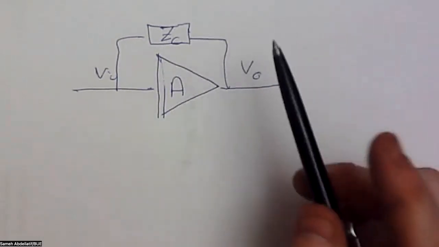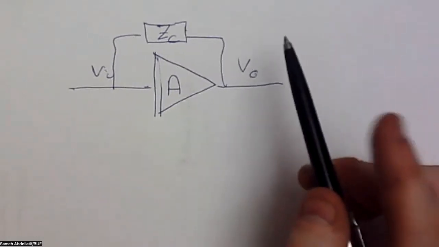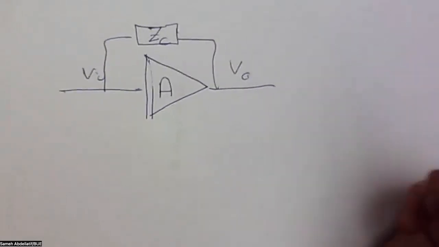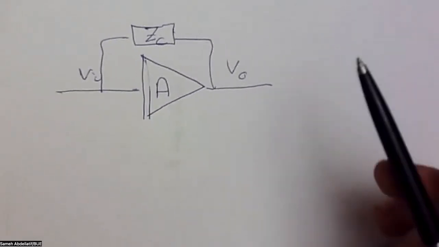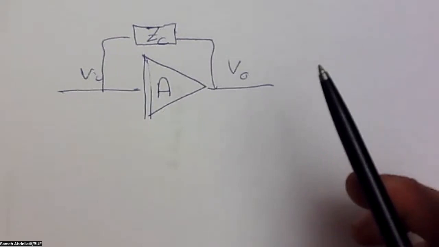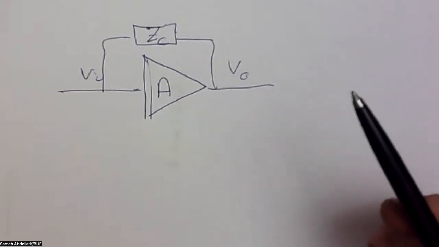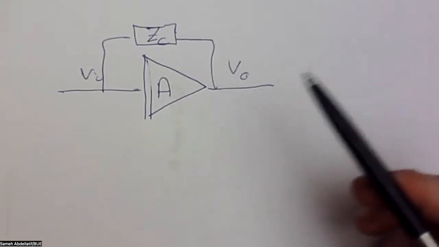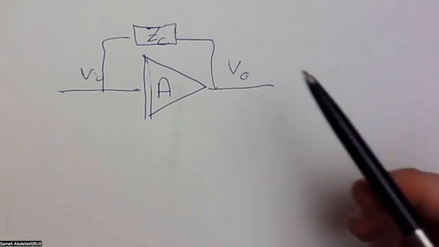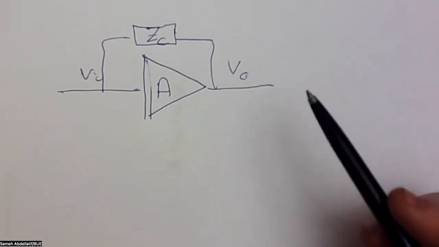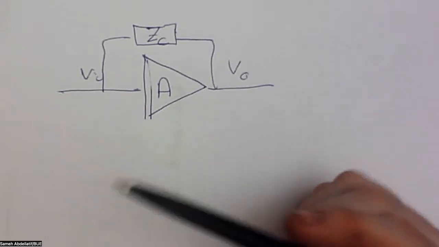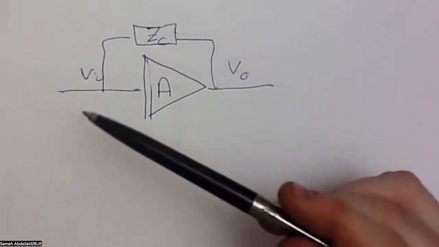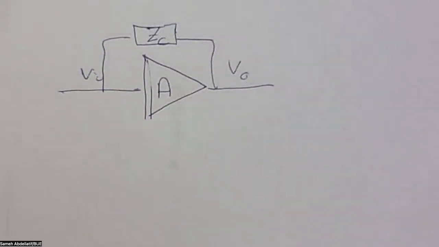So it can be 1 over j omega CGD in case of MOSFET, or it can be 1 over j omega C pi or collector base in case of BJT.